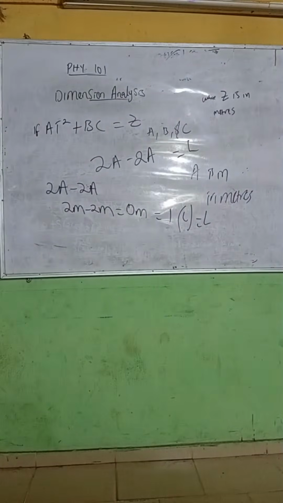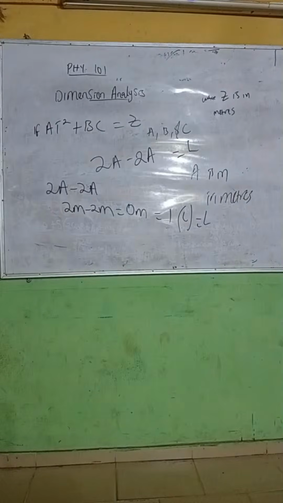Let's try it. If at squared plus bc equals to z, where z is in meter, find the dimension of a, b, c.